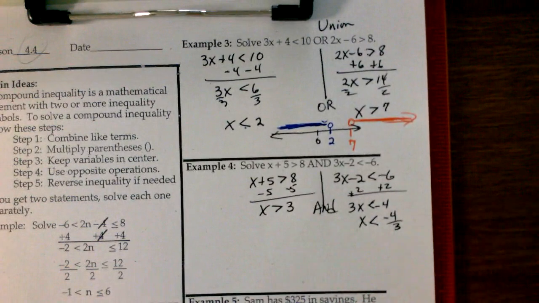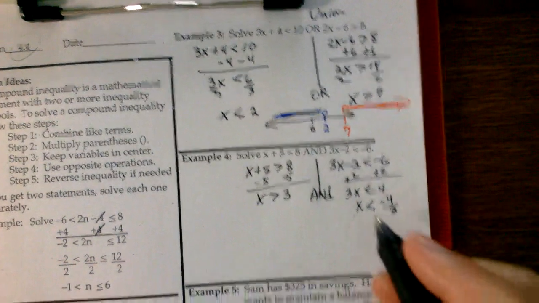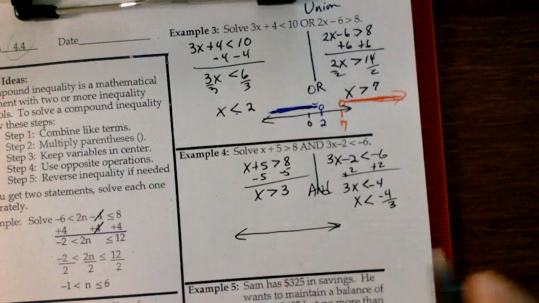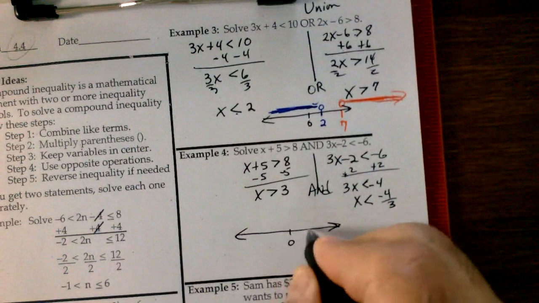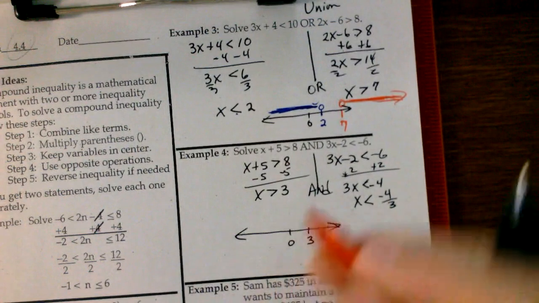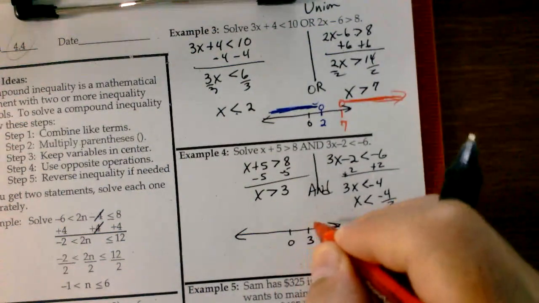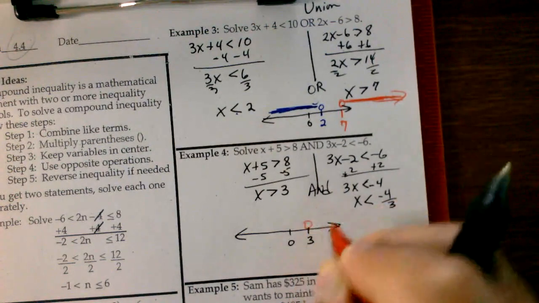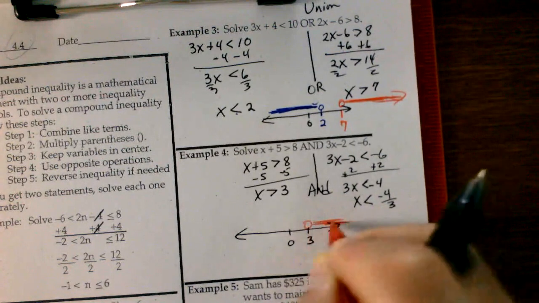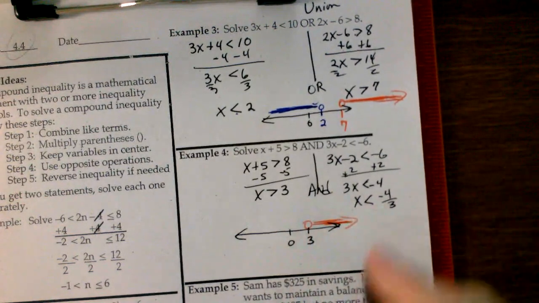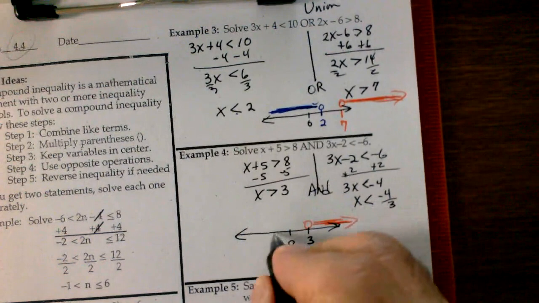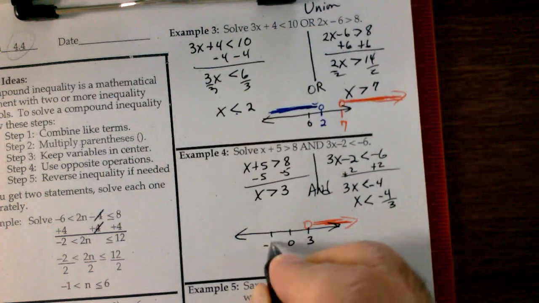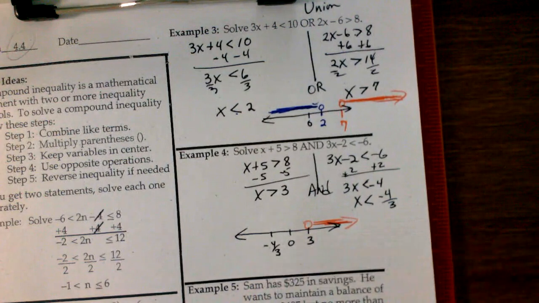So we look to see where these two areas overlap. Here's my number line. And I'm going to do the first one. Here's 0. Here's 3. It says that this is going to go from here this way. This one says at -4/3, we have this one over here, -4/3, like that.